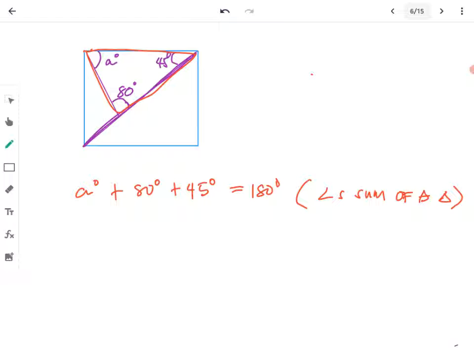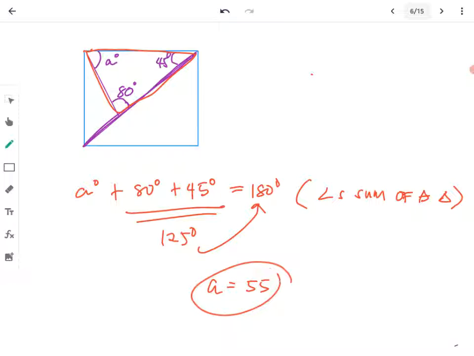So you see, the property of a square, the diagonal bisecting the 90 degrees, being angles in a square, that makes 45, so it gives us again 180 degrees. So I think this one is 125. Subtracting 125 from that, we have 55. So A is 55.